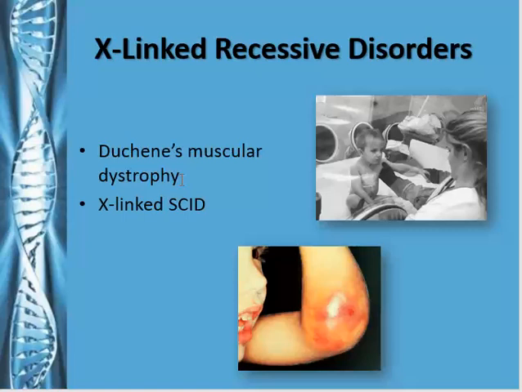Oftentimes, these children succumb to infection very early, and it's only been recently that we can save these children because we can identify it. Muscular dystrophy is a whole thing.